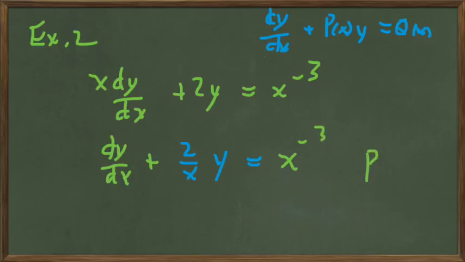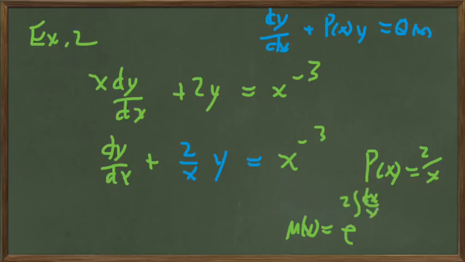So our p of x is 2 over x, and our mu of x is e to the integral of that, and so that is what, e to the 2 ln absolute x. That, if we bring it over here, is e to the ln x squared.